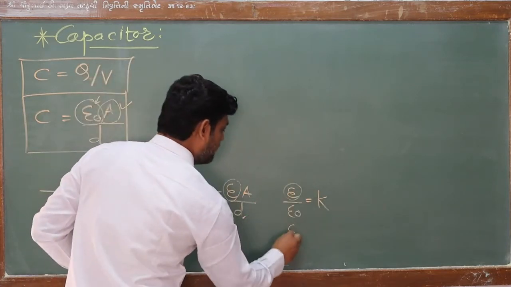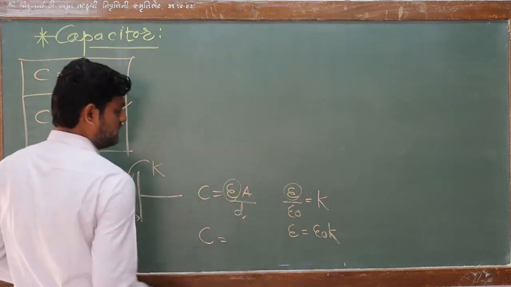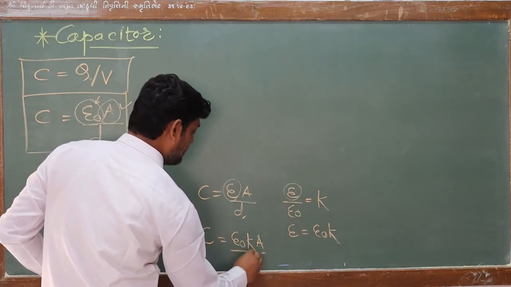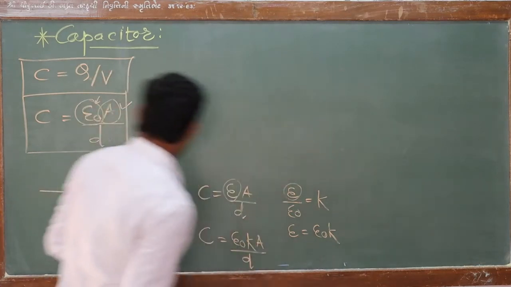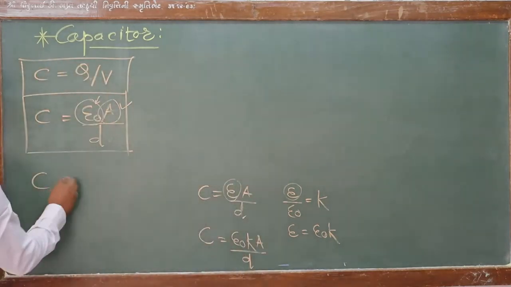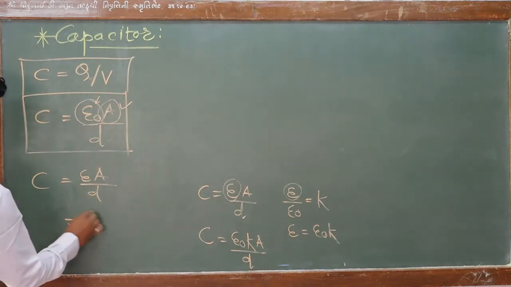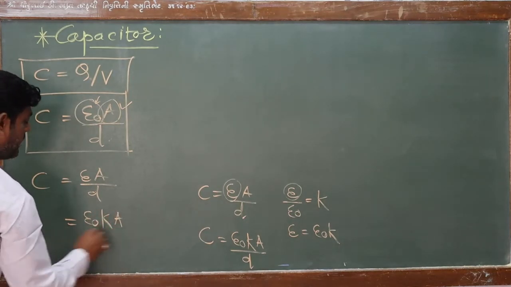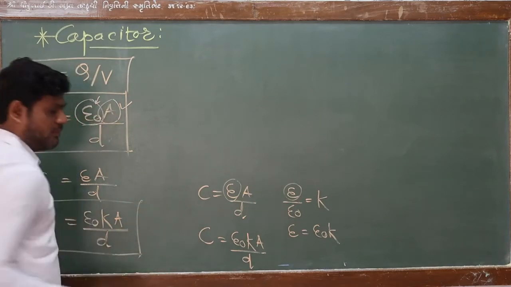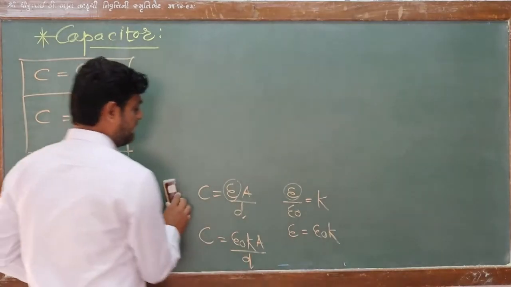So epsilon equal to epsilon 0 into K. So we can write C equal to epsilon 0 K A divided by d. This is the formula for capacitance of a parallel plate capacitor when there is a presence of a different medium.